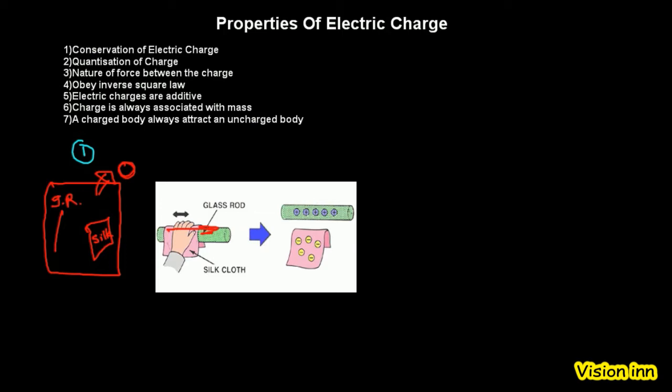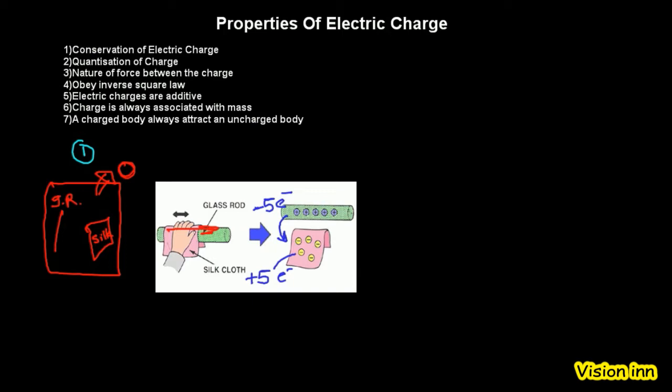After the transfer of electrons, the glass rod will lose electrons to silk. Let us consider the glass rod has lost 5 electrons and the silk cloth has gained 5 electrons. Because of this, the glass rod will attain a positive charge and the silk cloth will have a negative charge.